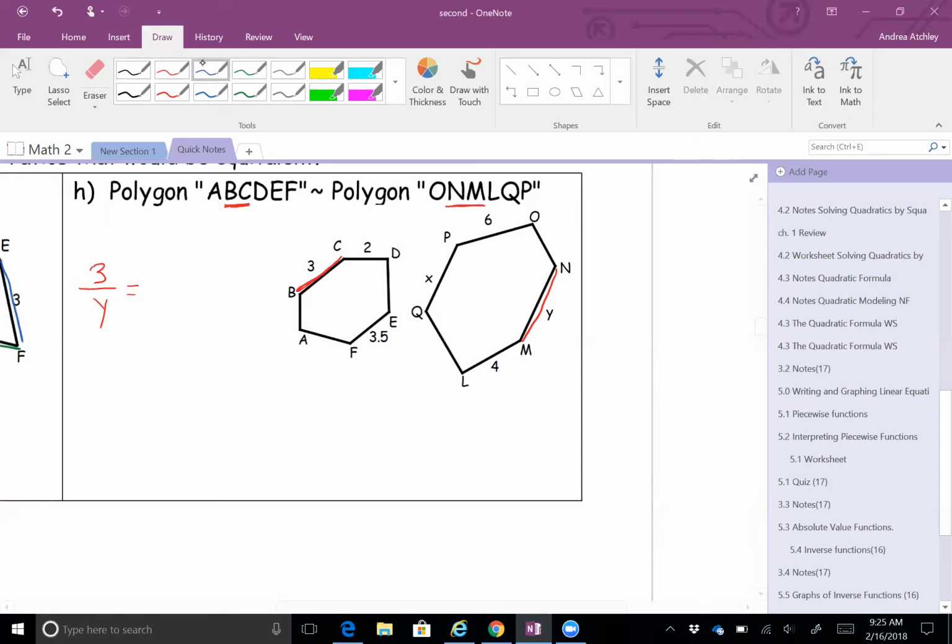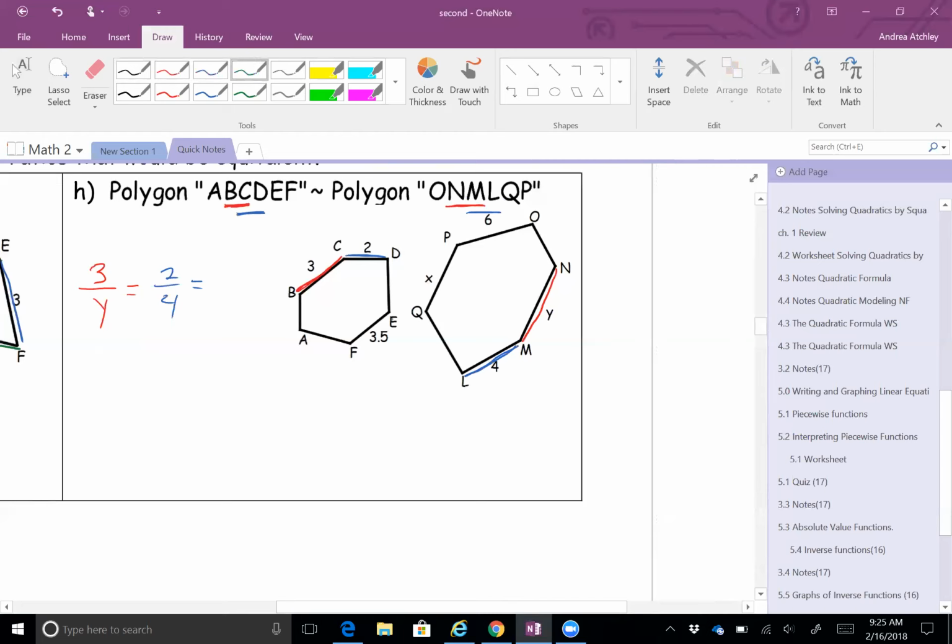The next one is CD. The next two letters, so it's the third and the fourth letter. The third and the fourth letter here, ML. So it should be 2 over 4. Any questions over that?